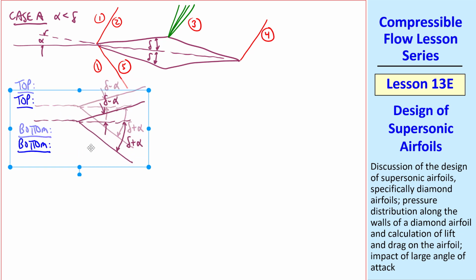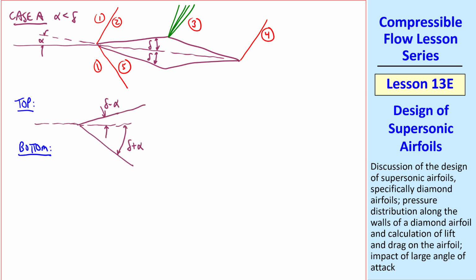The flow goes from M1 to some smaller M2, and then to M5 across the bottom oblique shock. And there will be another expansion fan at the bottom, which increases the Mach number to M6 in region 6 and M3 in region 3.